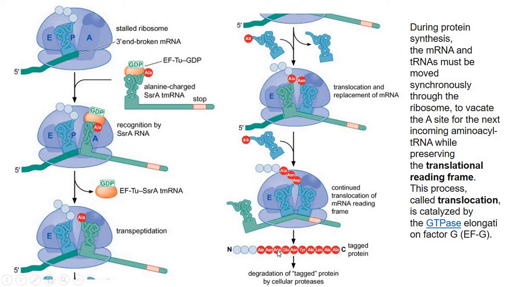However, this protein is now tagged. So this is a tagged protein, and these tagged proteins are then broken down or degraded by the cellular proteases, because cellular proteases recognize these sequences and they know that if there is this on the 3' tail, then this needs to be degraded.